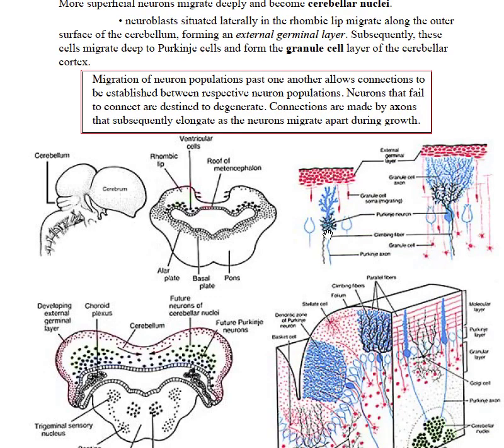So here you see them migrating through. And here we see these cells that are going to migrate through the Purkinje cells. And as they migrate through the Purkinje cells, they establish contact with Purkinje cells. And so it's the migration of neuron populations past one another that enables them to establish connections. These connections then create the circuits that we see in the adult.